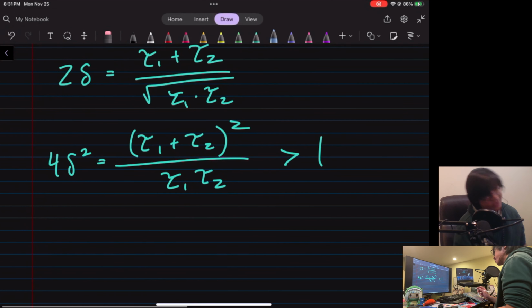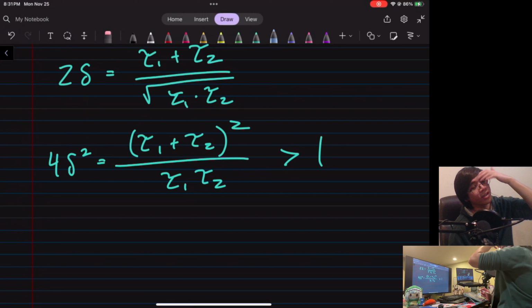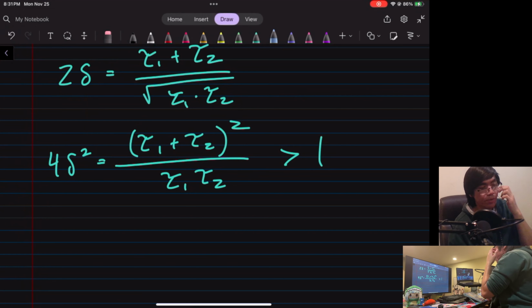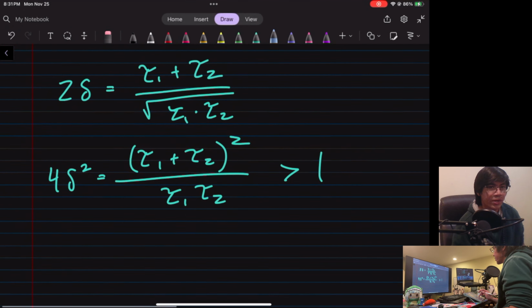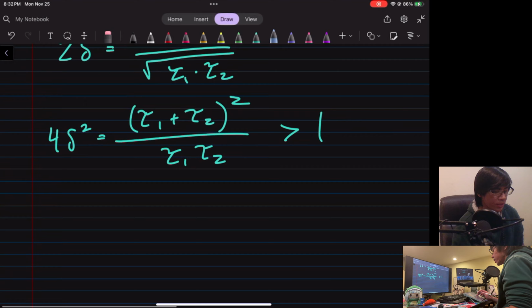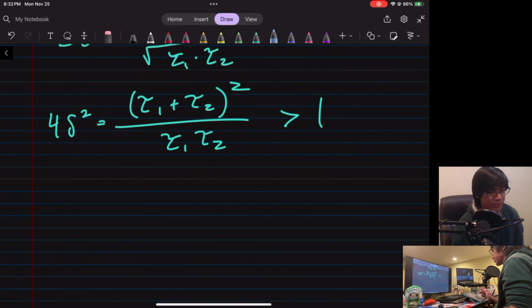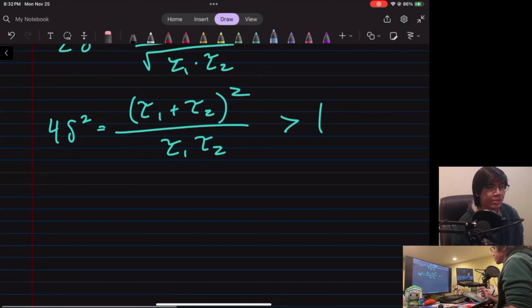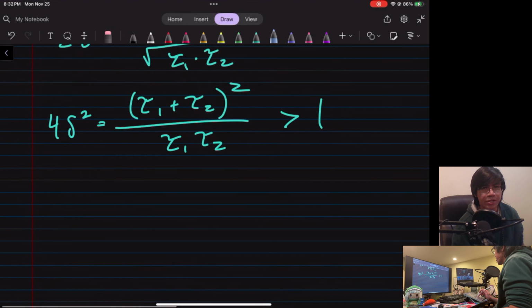And typically, you could just stop here technically and just say, well, the time constants tau 1 and tau 2 are always positive. So this value has to be always positive for this zeta value, I should say, is always greater than 1, given that tau 1 and tau 2 are positive values, since they are time constants.